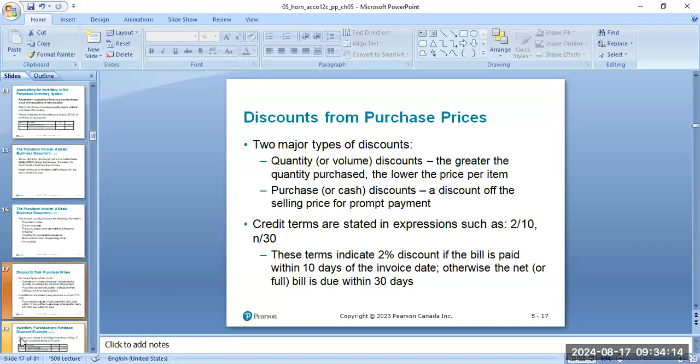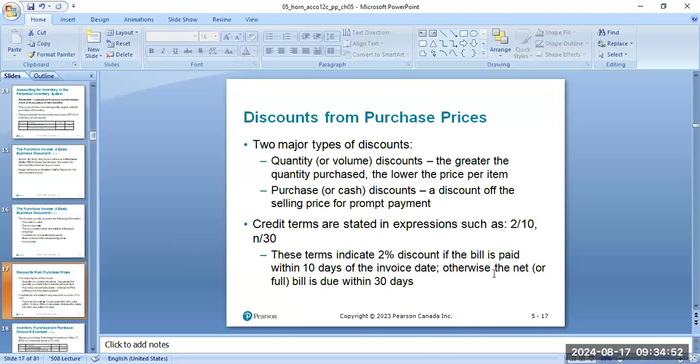The second available discount is the purchase or cash discount. That is a discount that you can deduct from the selling price if you pay earlier, which means you may have credit terms. Credit terms are stated as 2/10, n/30. What does that mean?